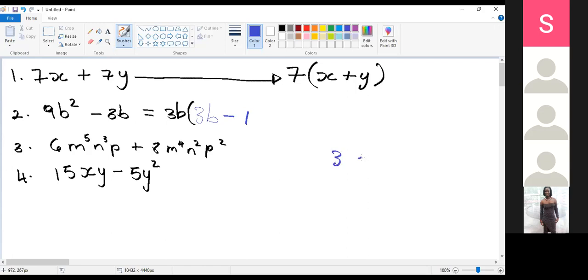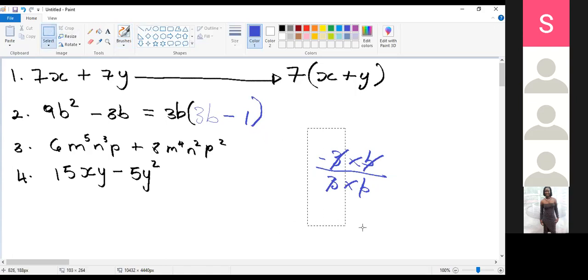So that would be 3b into negative 3b: 3 into 3, 1. b into b, 1. You're left with just negative 1. So this is your answer right here: 3b bracket 3b minus 1. So whoever answered and said that is correct.